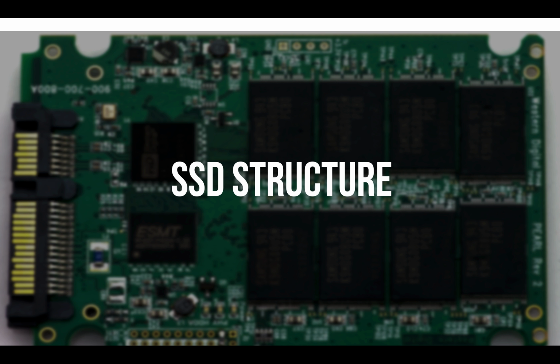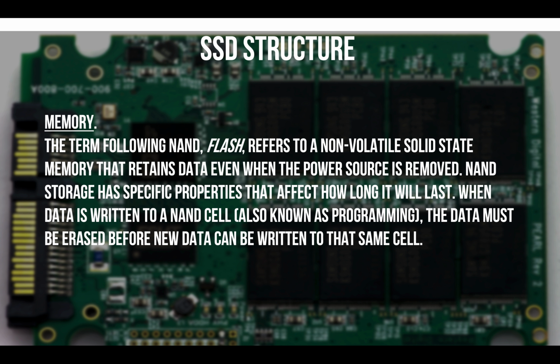So let's talk about SSD structure. Let's start with its memory. It uses non-volatile NAND flash memory, and it has an ability to retain the data without a constant power supply, and it's lower cost compared to DRAM. Flash memory SSDs are slower than DRAM solutions. NAND flash components come in densities from 1 gigabyte to 64 gigabytes per chip.